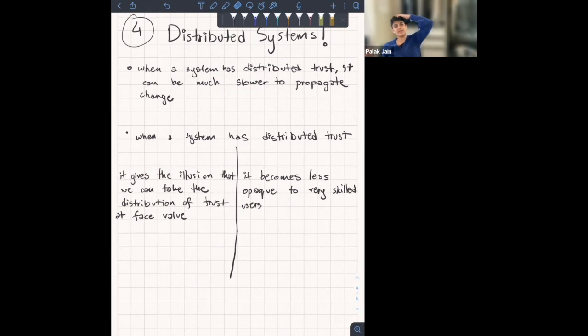One of our options for getting trust and building security guarantees is to centralize that trust. And when we centralize that trust, then we can have faster updates, and we can have less of an illusion that the power is distributed, and we can think about that more critically.